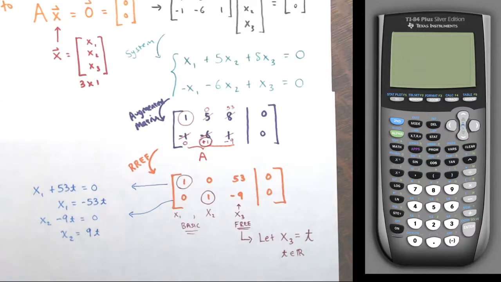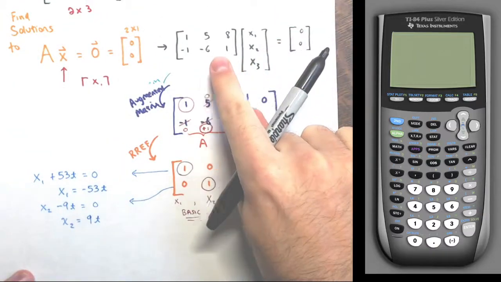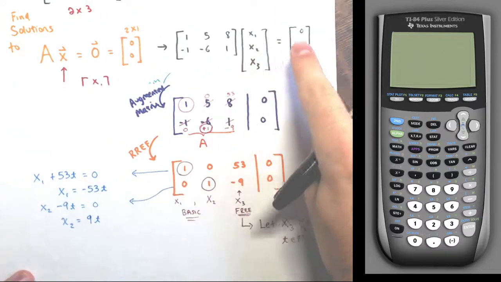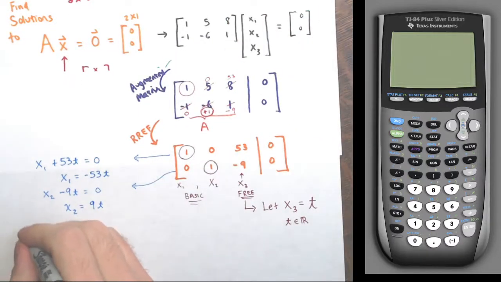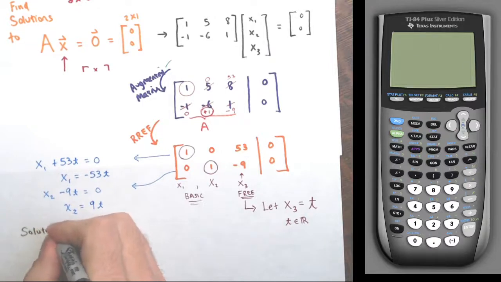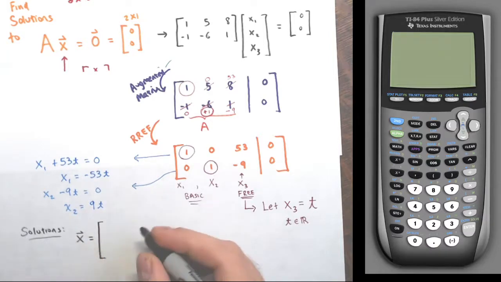Right? So the solutions of this equation here, this matrix A times this x vector equals a 0 vector. All the solutions look like this. You have vector x. Again, looks like this. You have x1, x2, x3.